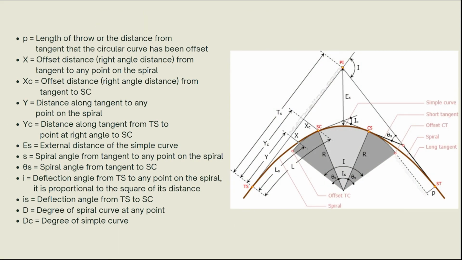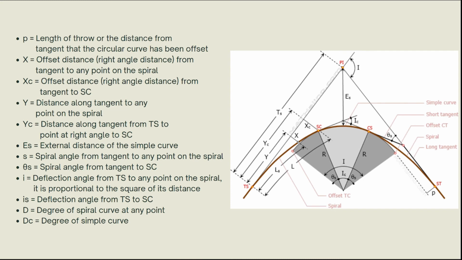Next, P is the length of throw. X is the offset distance from the tangent to any point on the spiral. XC is the offset distance from tangent to the SC, which is the point of change from spiral to curve. Y is the distance along tangent to any point on the spiral, while YC is the distance along the tangent from TS to the point at right angle to SC.